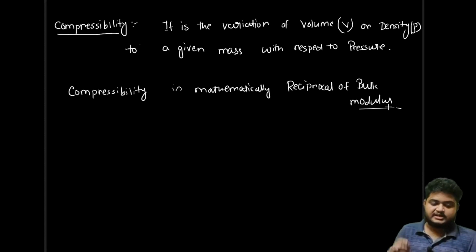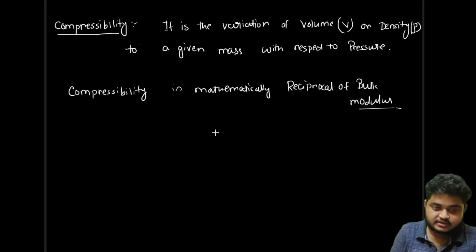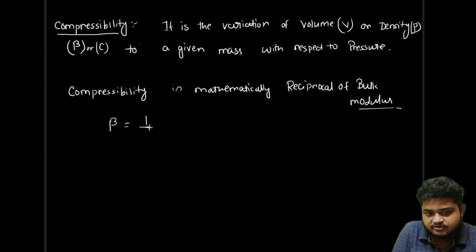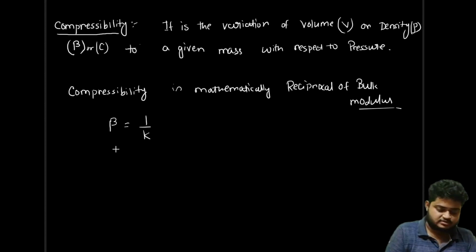We can denote compressibility by beta, or also as C. So beta will be the reciprocal of bulk modulus.